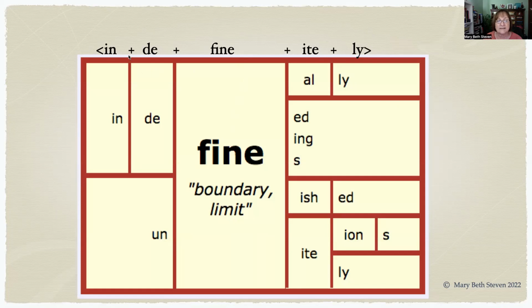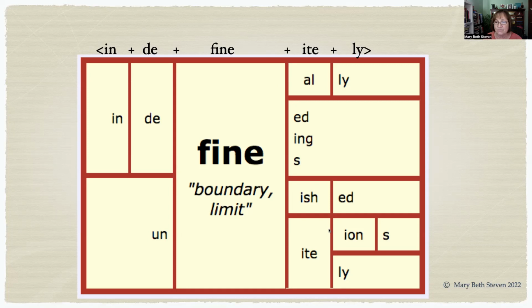The reason I did that is I want to illustrate that these vertical lines in a matrix are where the plus signs would go in a word sum. So this word sum here, IN plus DE plus FINE plus ITE down at the bottom plus LY. There's the word sum for indefinitely.